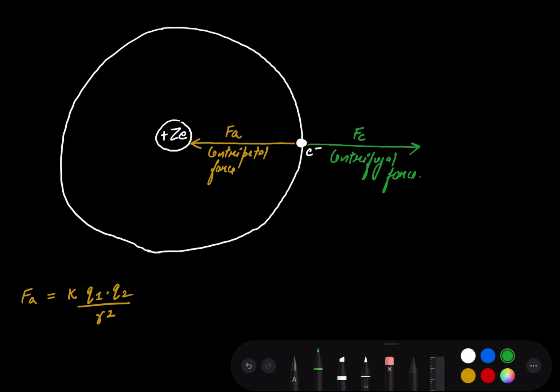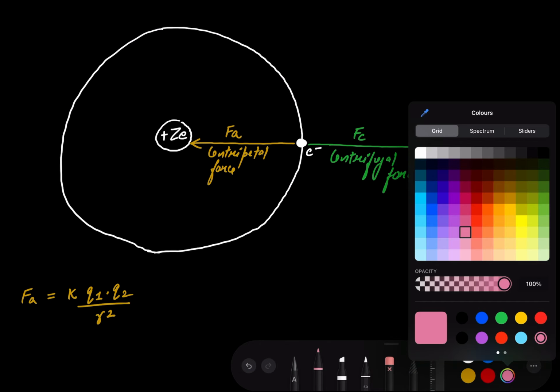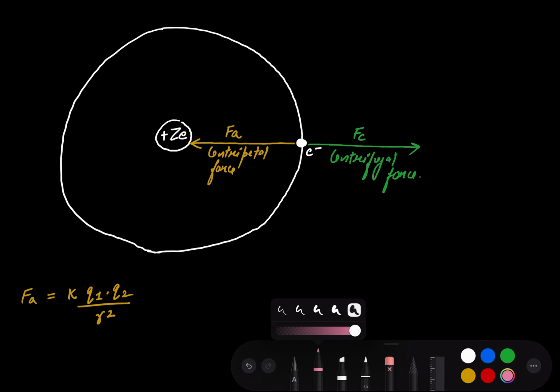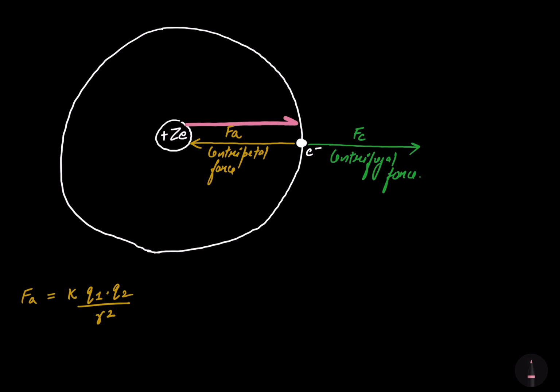What is the distance between them? Please have a look at the diagram. It is the radius of this orbit, which will be the small r.